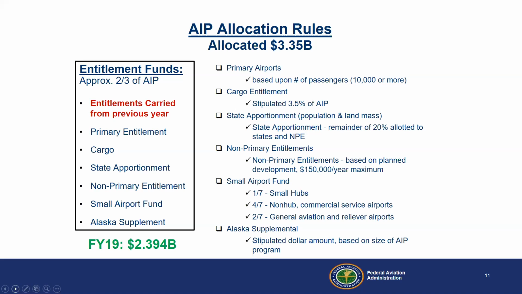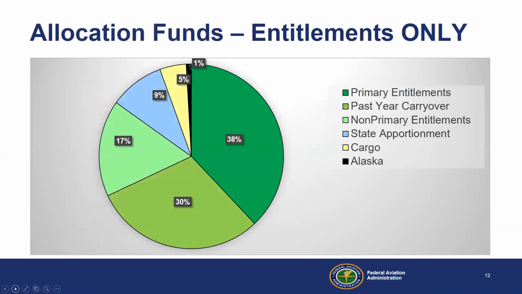The most important portion of entitlements are the entitlements carried over from the previous year. And I'll explain that in further slides. But that is where we are pushing everybody to carry over your funds, and then we protect it for the following year. So when we start off, this is in graphical representation, you can see that the primary entitlements of that $2.39 billion represents 38%.